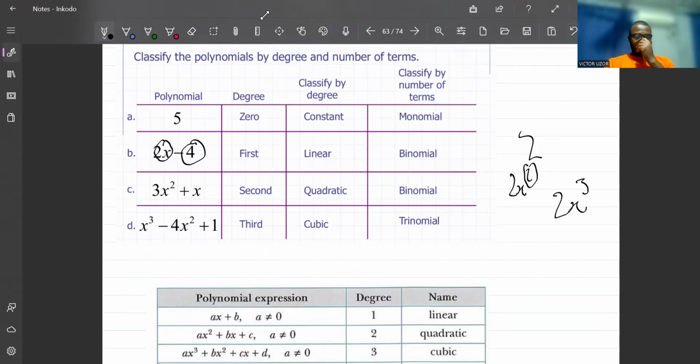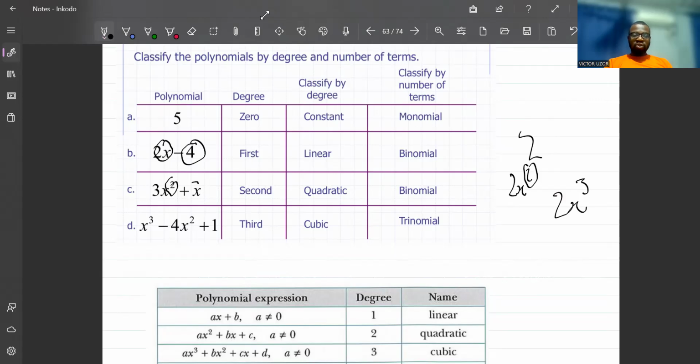The next one we have is 3x squared plus x, which is second degree by degree because the highest number is 2. So it's also known as quadratic. A quadratic is a polynomial where the highest power is 2. And it is still a binomial because you have two terms here, x and 3x squared.